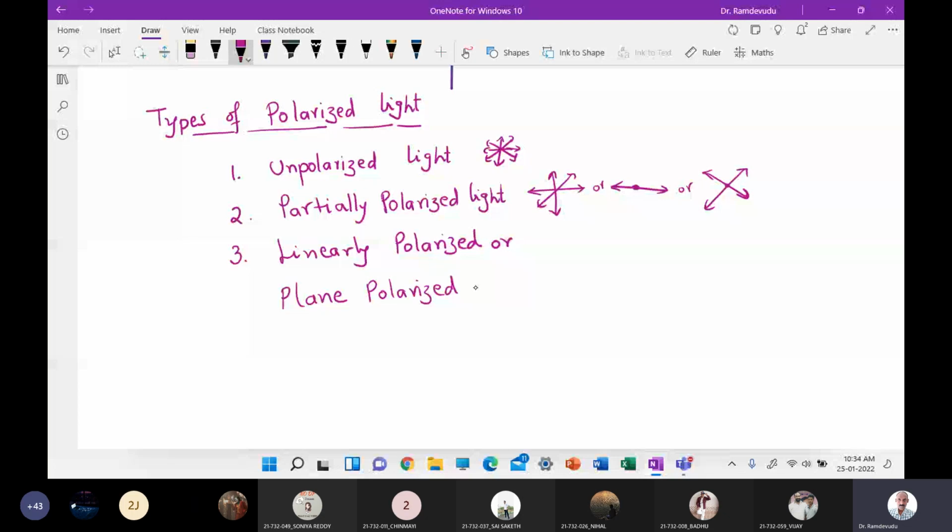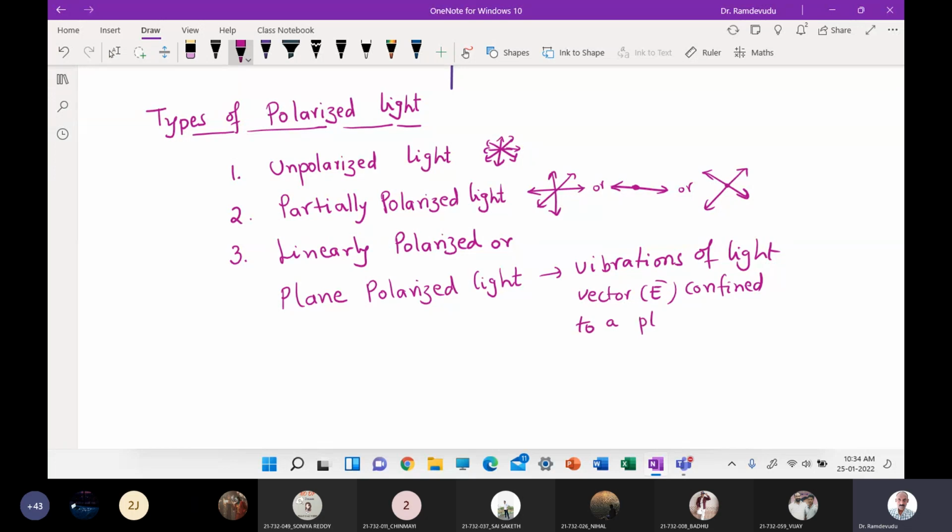So plane polarized light will have vibrations confined to a single plane. Vibrations of the light vector, which is nothing but the E vector, confined to a plane, only one plane.